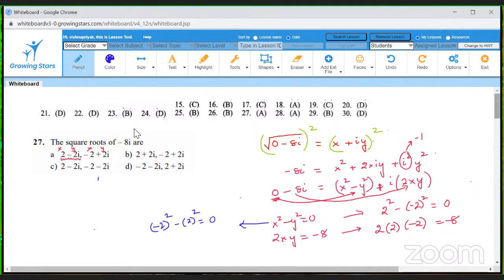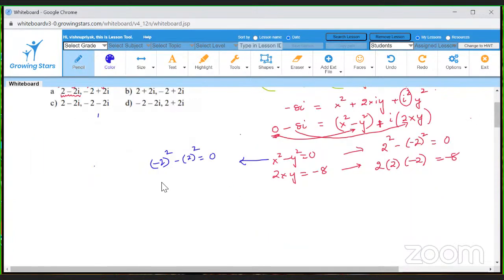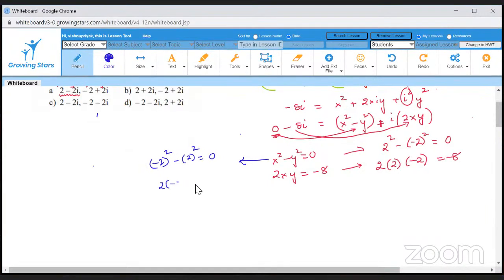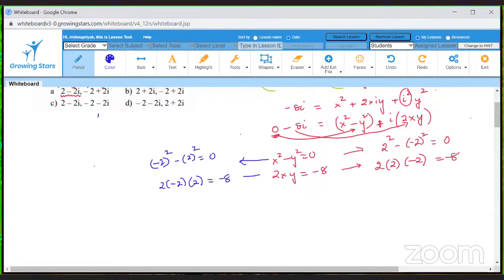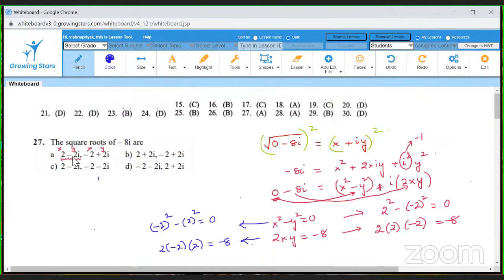Then next, the same thing. x is minus 2, y is 2. I'm putting here also. So I'm getting minus 8. So these two are correct. In option A, this is correct and this is correct. I'm getting 0, I'm getting minus 8 in both the cases. So option A will be my answer.